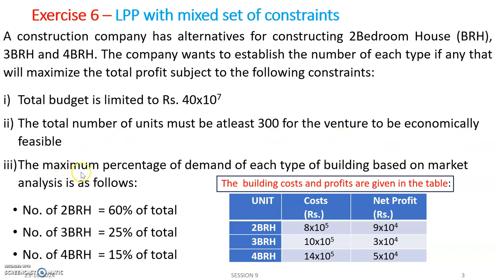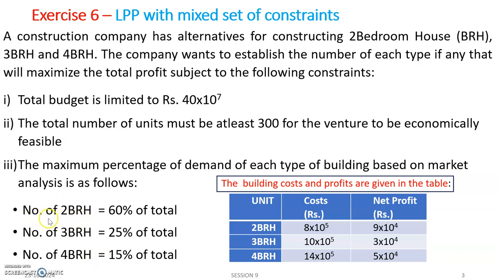Third constraint is with respect to the maximum percentage of demand of each type of building based on market analysis, which is given as follows. That is, after conducting a survey in the market, they can identify the percentage of 2-bedroom houses on demand in the market. Similarly, the number of 3-bedroom houses on demand and the number of 4-bedroom houses on demand.